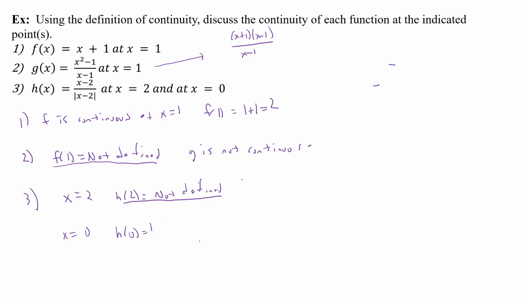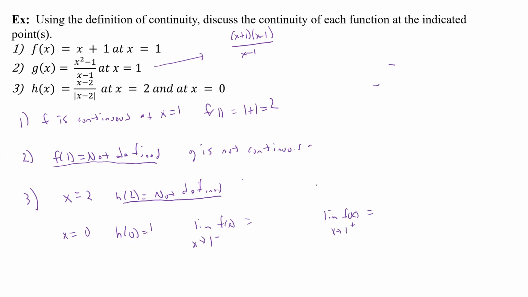Now, what about the limits? Because now we also have to show that. So the limit of f of x as x approaches 1 from the left is equal to what? And the limit of f of x as x approaches 1 from the right is equal to what? What we're going to have to do is plug that in, and so we would do a table. We could also look at the graph of this.